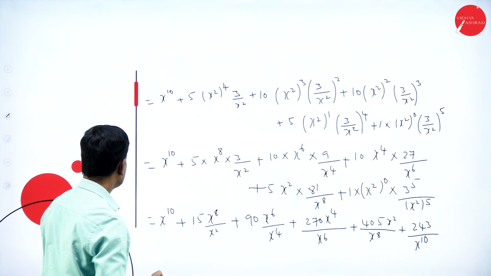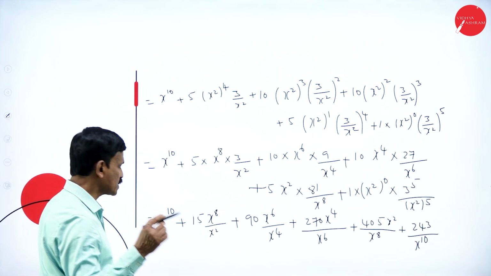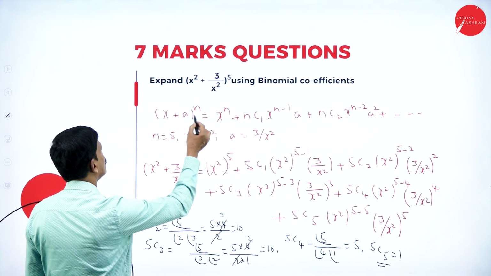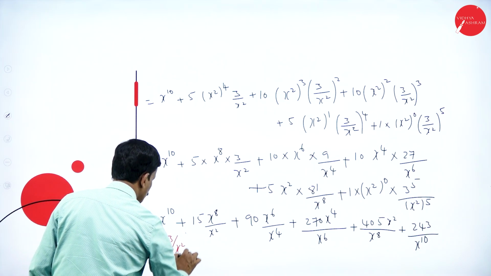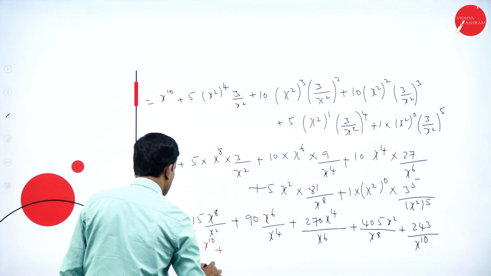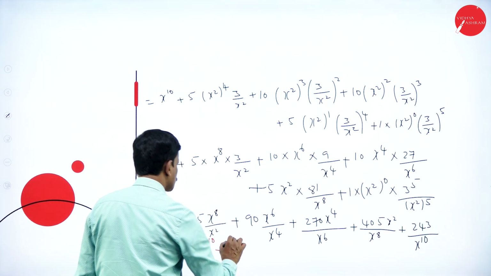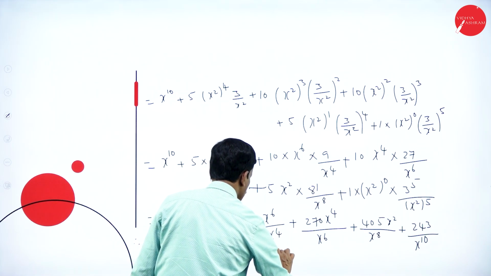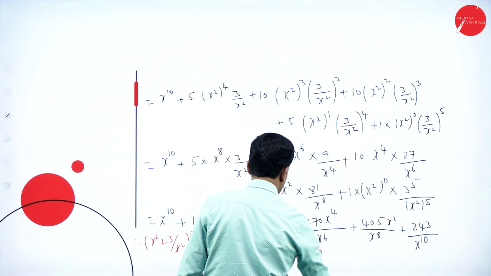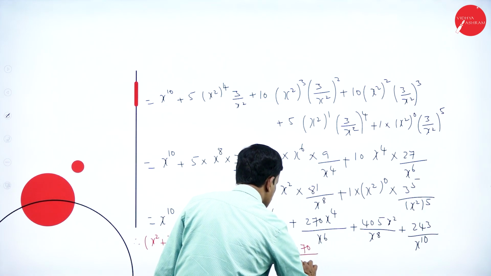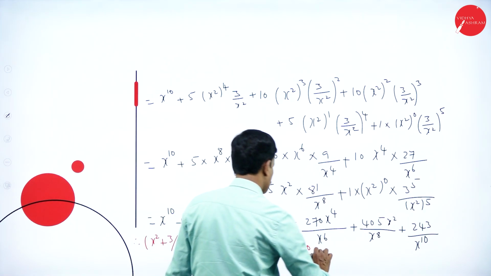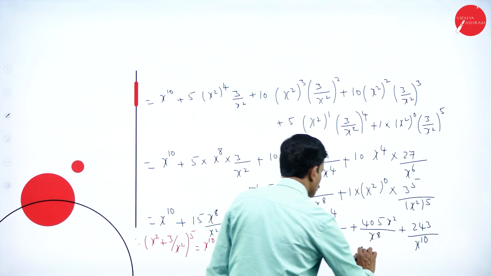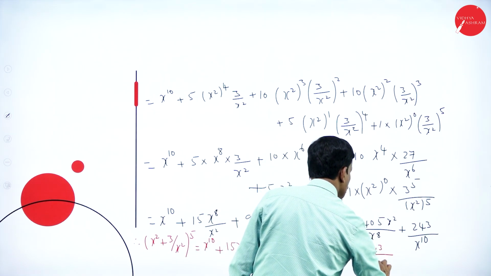Now simplify this. Therefore, the final step: (x square plus 3 by x square) to the power of 5 is equal to x power 10 plus 15 x power 8 minus 2, which is 6, so 15 x power 6, plus 90 times x power 6 minus 4, that is x square, plus 270 x power 4 minus 6, that is 2 in the denominator, 270 by x square, plus 405 x power 8 minus 2 is 6, so 405 by x power 6, plus 243 divided by x to the power of 10.